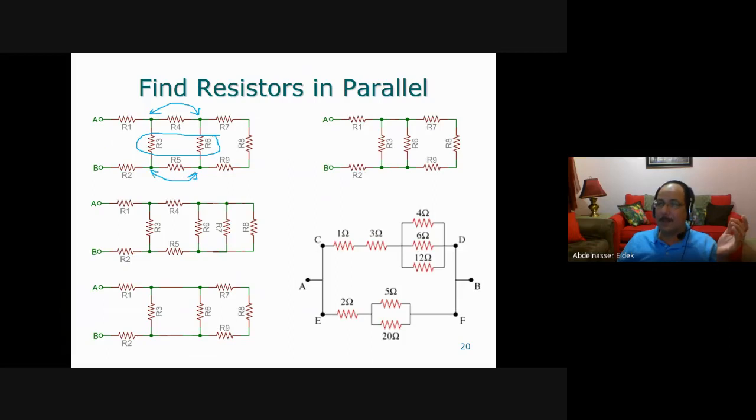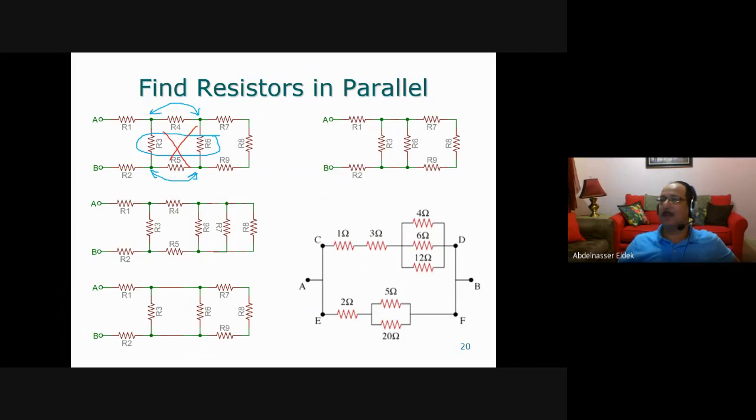So some common mistakes: some people believe that, oh, if they are like this, they are in parallel. As I say, parallel does not mean that they are parallel geometrically. They are parallel means that they are connected from both terminals. So you have to say that this is not right. This is a mistake.